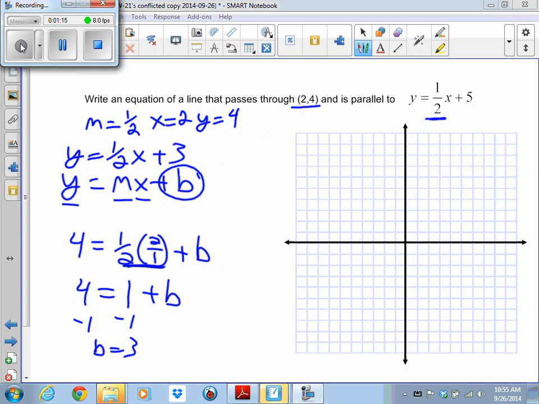I'm going to show you visually what you're doing. Here's a graph. It starts at 5, so it starts here at 5. We go up 1 over 2, up 1 over 2.